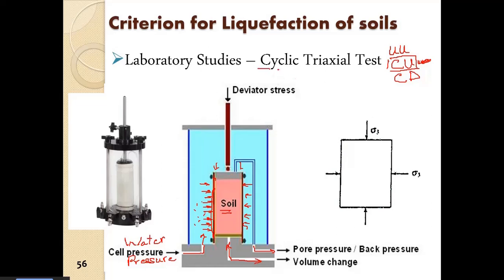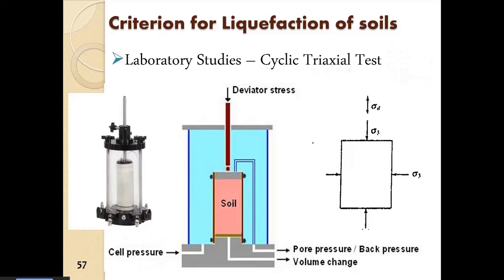So before doing the cyclic triaxial test, we need to understand how the stress condition is to be applied. We need to study the stress condition which is occurring in the field. So in the triaxial test, the only thing we can do is apply the cell pressure, and we can apply the deviator stress.